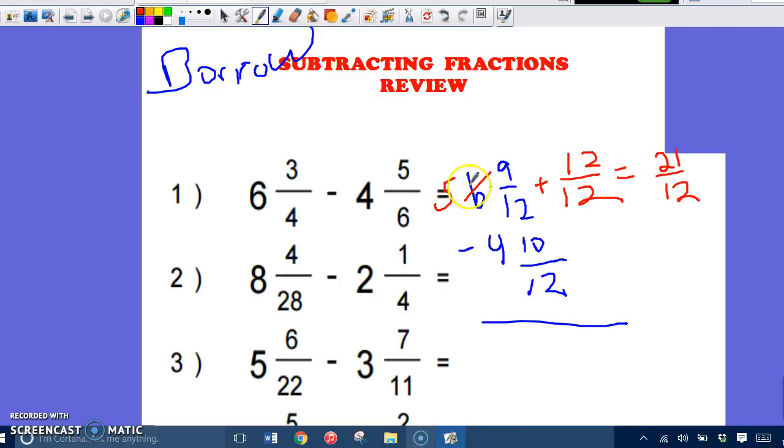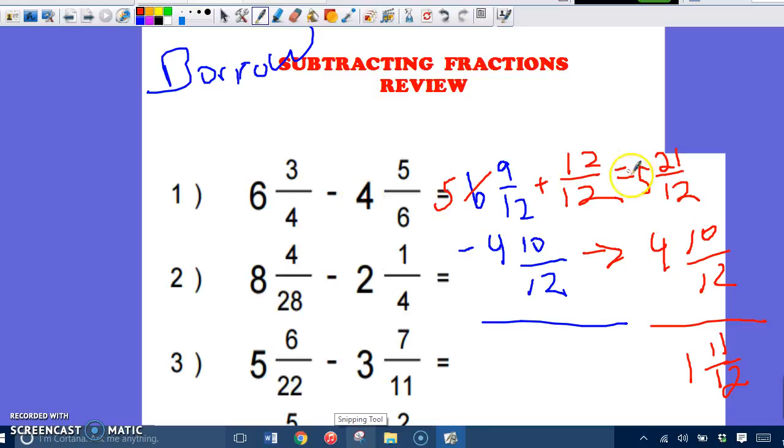And now this changed to a 5, so I'm going to bring that right over. And I'm bringing my rest of the problem over so I can finally subtract. Okay, if I do this, I have 5 minus 4 is 1. 21 minus 10 is 11, keeping the same bottom number. There's your final answer.